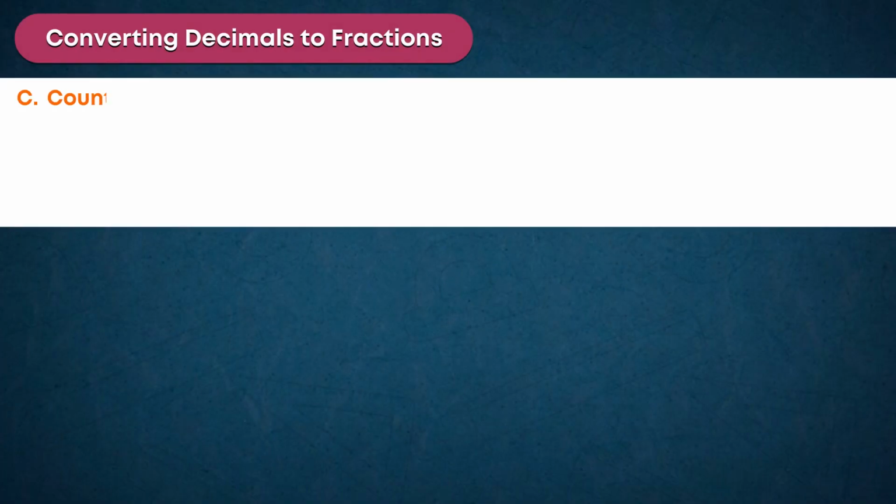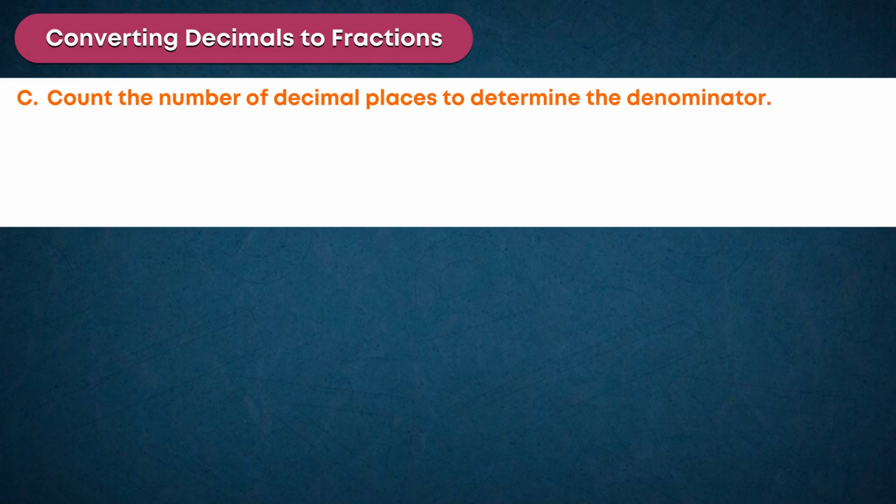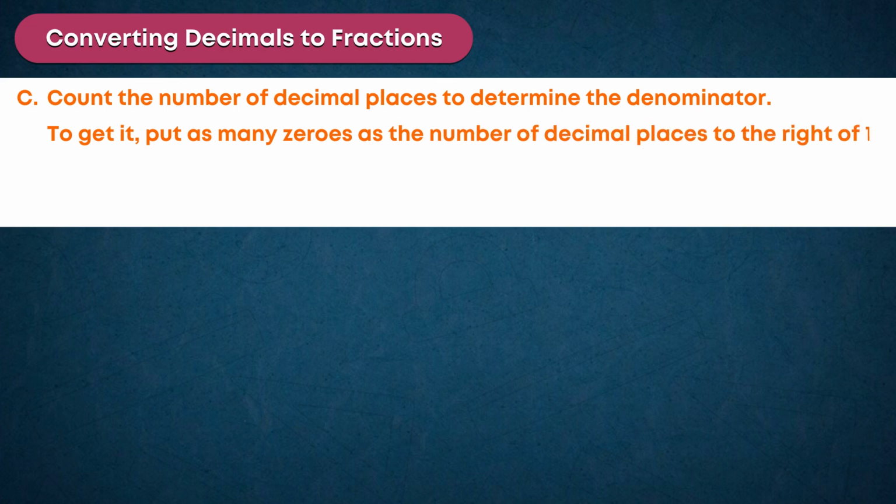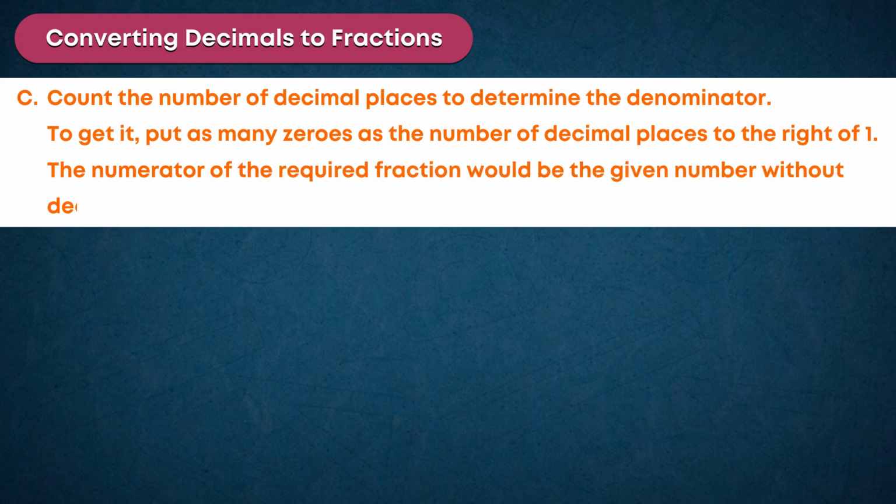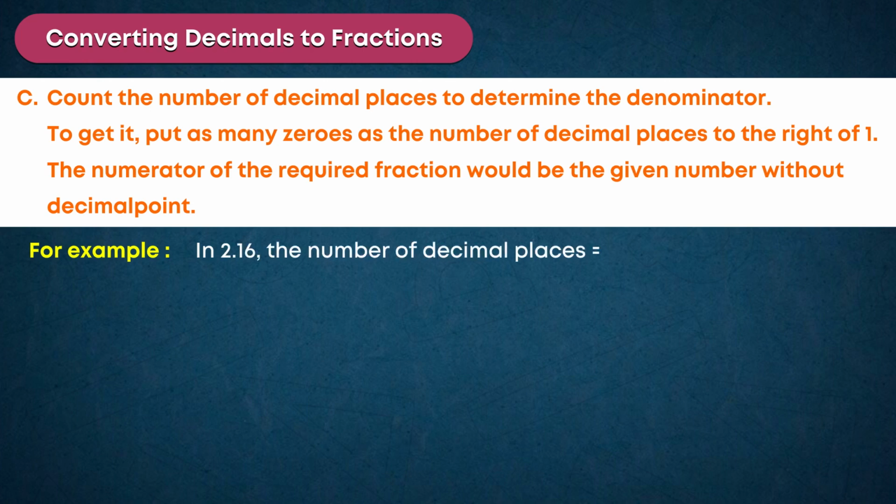C. Count the number of decimal places to determine the denominator. To get it, put as many zeros as the number of decimal places to the right of 1. The numerator of the required fraction would be the given number without decimal point. For example, in 2.16, the number of decimal places is equal to 2.